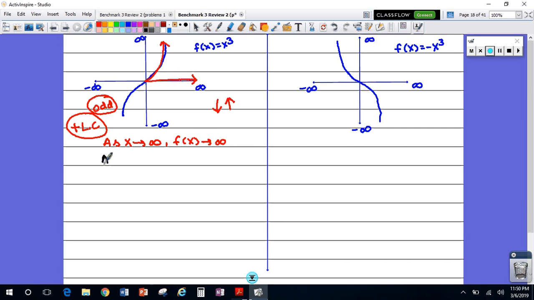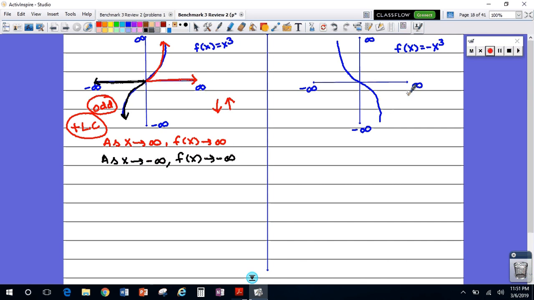Now as x tends to minus infinity, you are going towards the left. When x is tending to minus infinity, your curve is coming down. It goes towards minus infinity. So f of x tends to minus infinity. Right, you cannot combine these two here because they are entirely different.